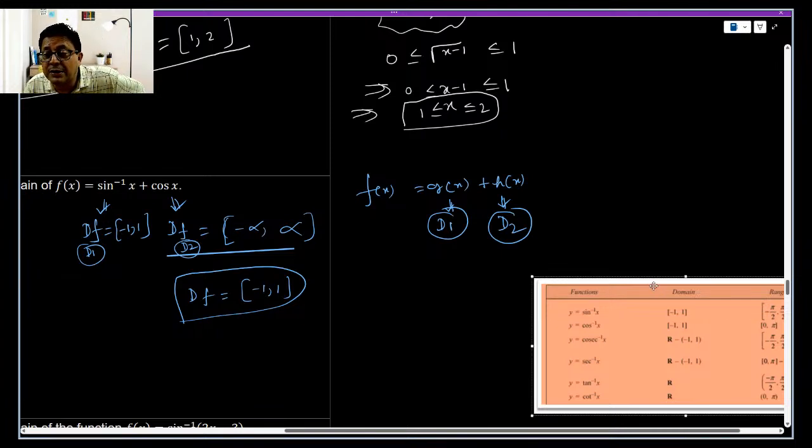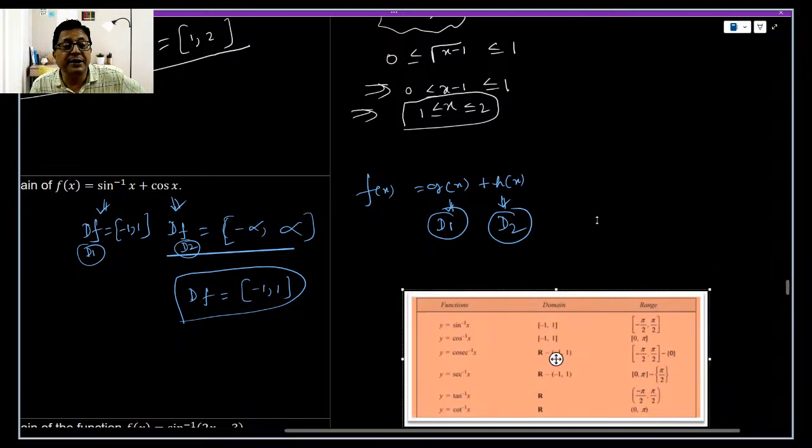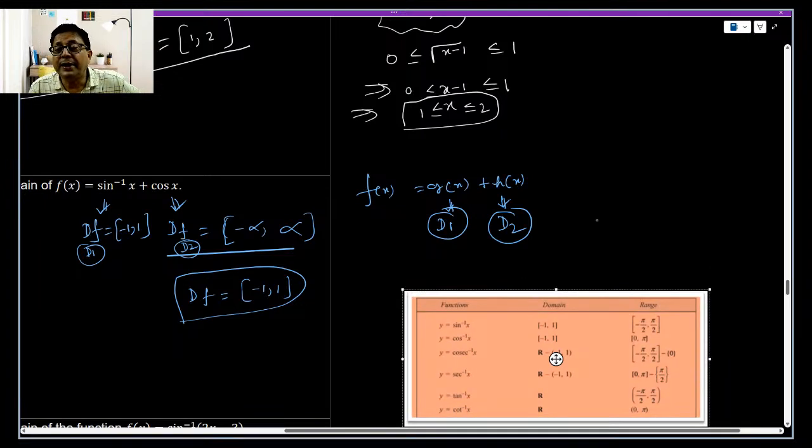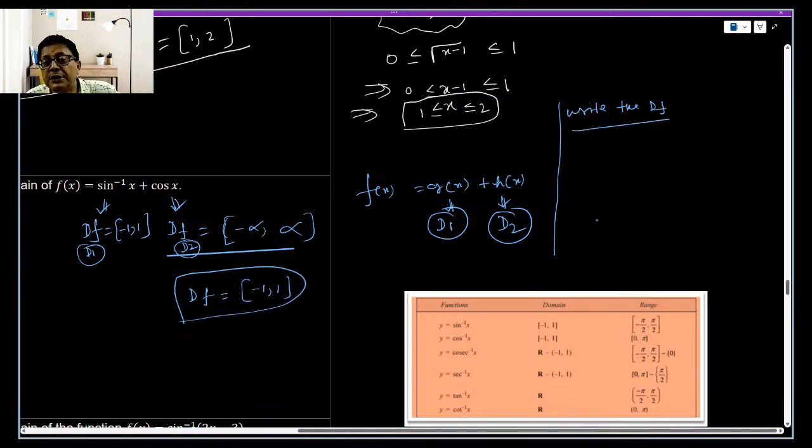Now I have every right to ask you a question here. Just one similar question I am asking you. Write the domain of this function f(x) equal to sine inverse x plus cos inverse x plus tan inverse x.